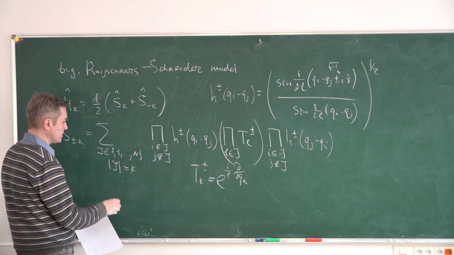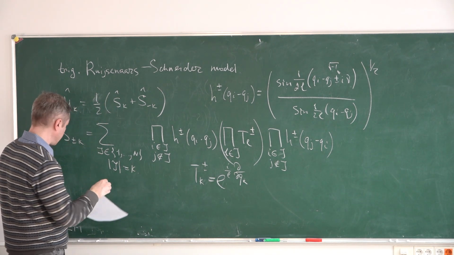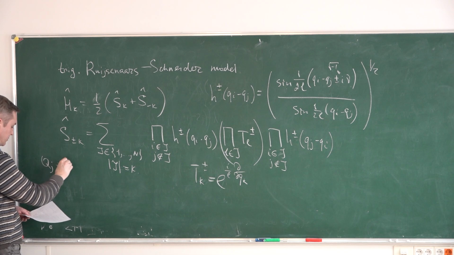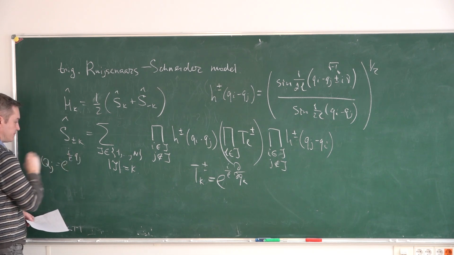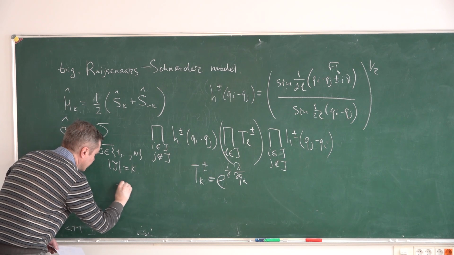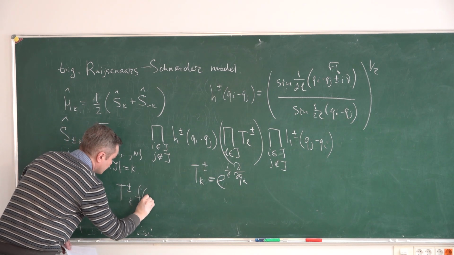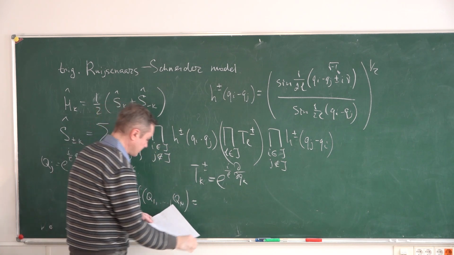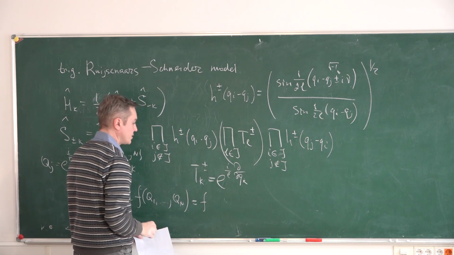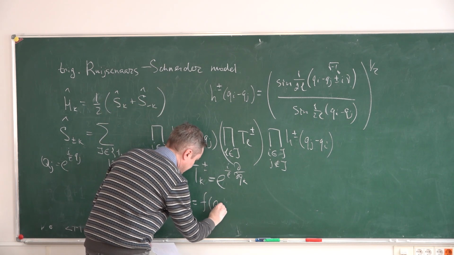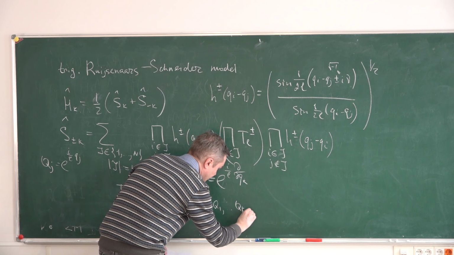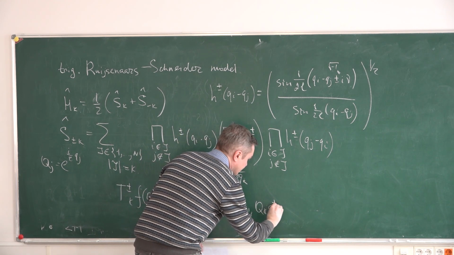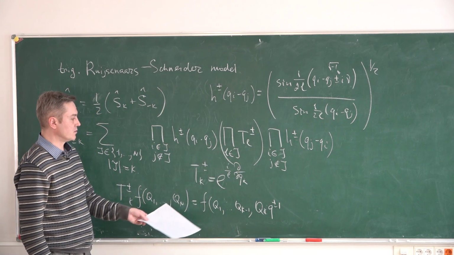Previously we used the notation where we had these qj, which were exponents, and then T plus minus k acting on an arbitrary function is just a multiplication of the corresponding argument Q_k by q small to the power of plus or minus 1.